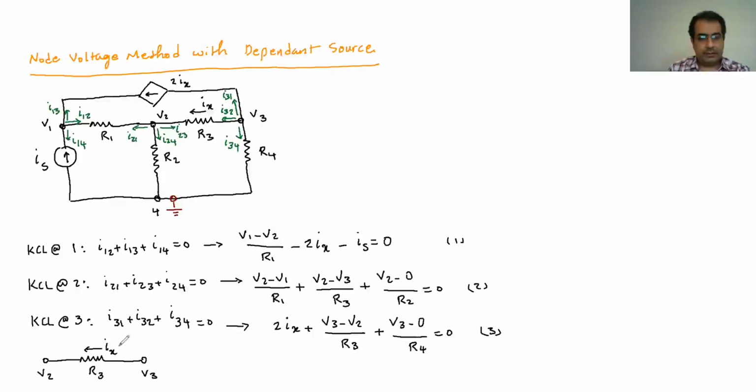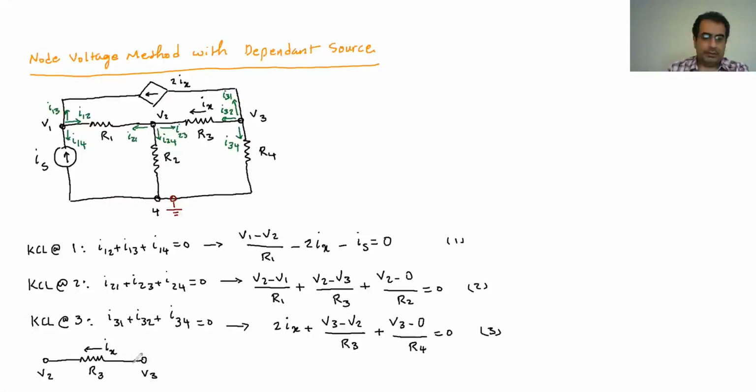Now look at this. I want to write the Ohm's law for this single resistor, just disregard the rest. I will just circle this one and write Ohm's law for it.